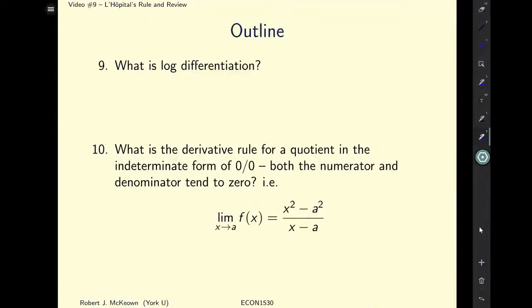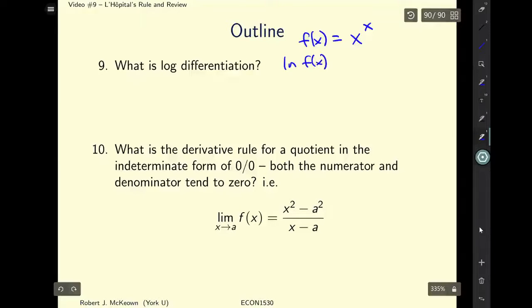What is log differentiation? Oh, that's a tough one, right? Remember, we have something like, well, I won't use y. I'm going to do it like this. F of x is equal to something like that. That was the example that we used. And if we took the log of f of x, we got x log x. And then we could actually show that the derivative of this thing was, I have to use the chain rule on the left-hand side.